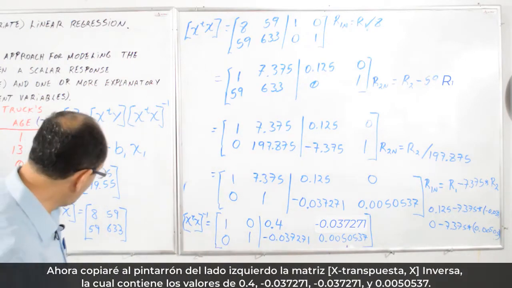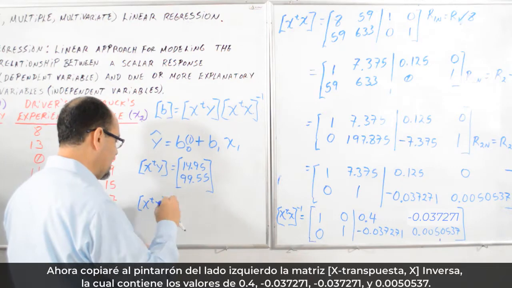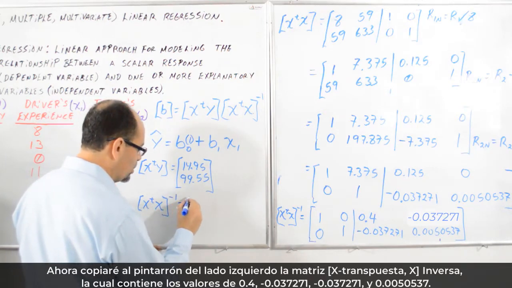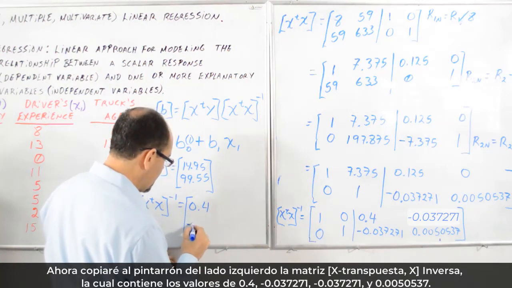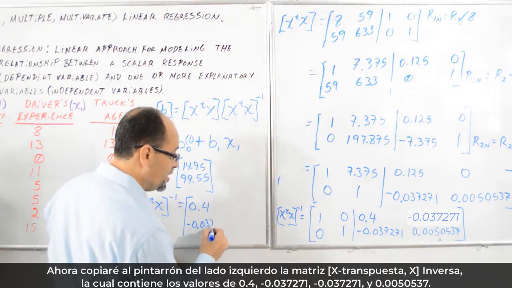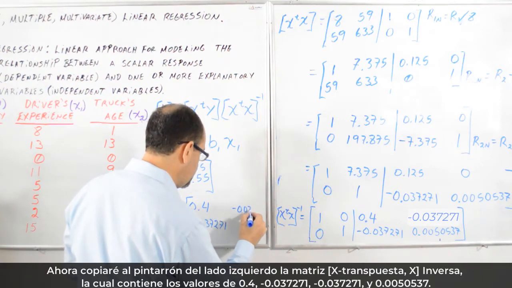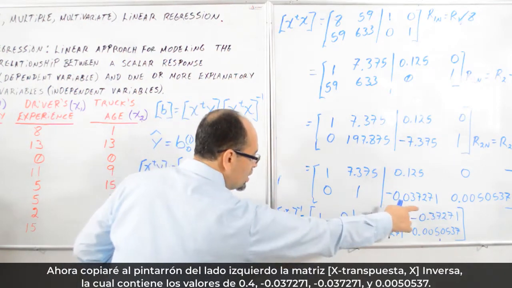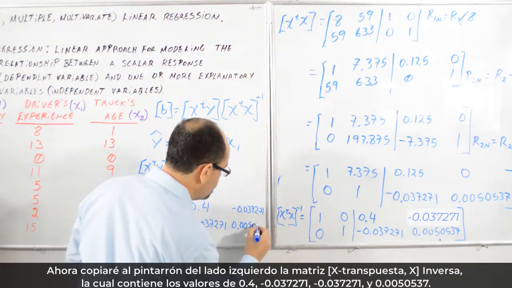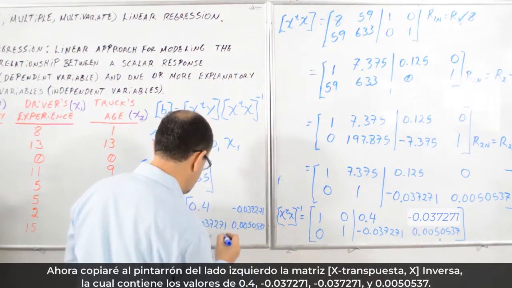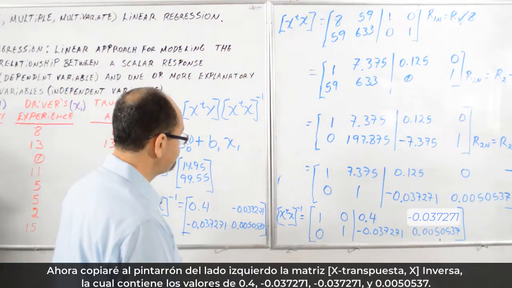And well, I will copy that one to here, and I will state X transpose X inverse is equal to 0.4, minus 0.037271, minus 0.037271, and 0.0050537. Okay, that is the X transpose X inverse.